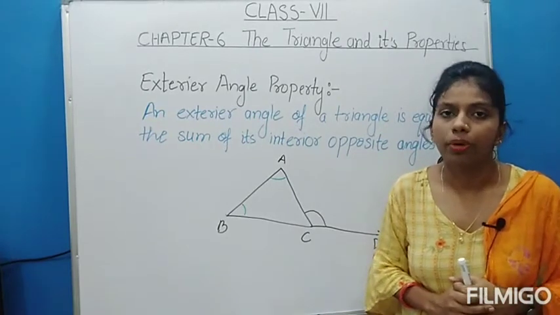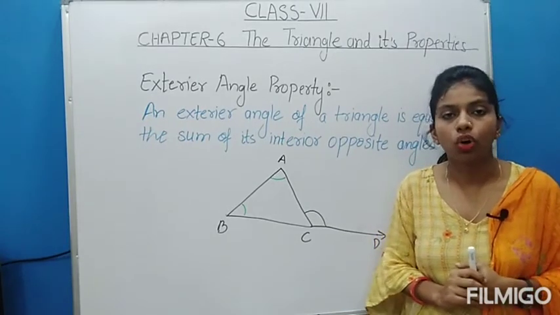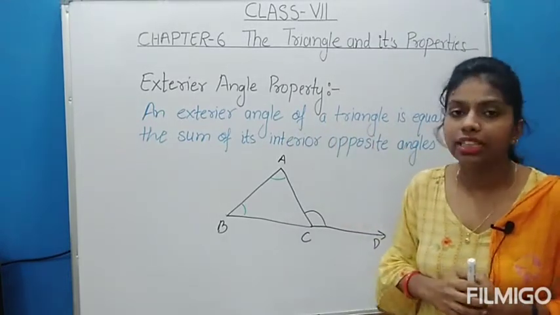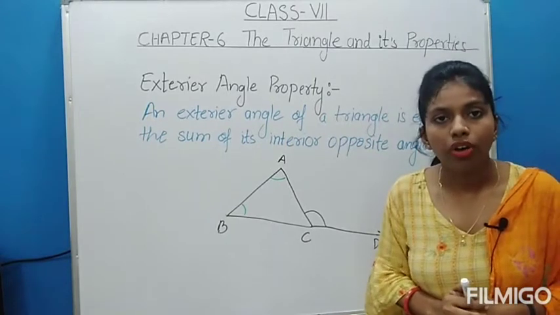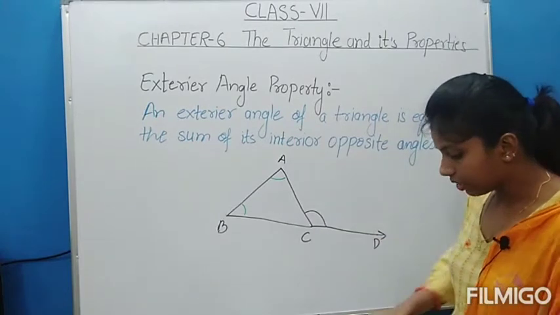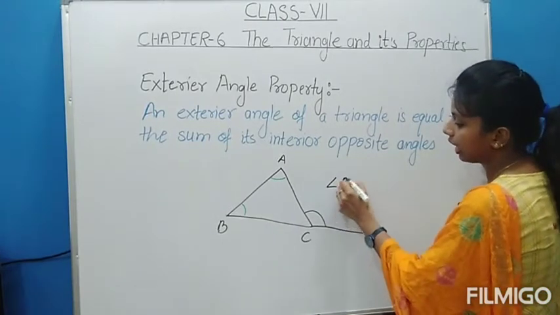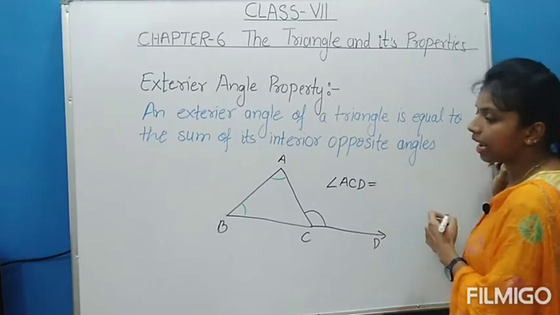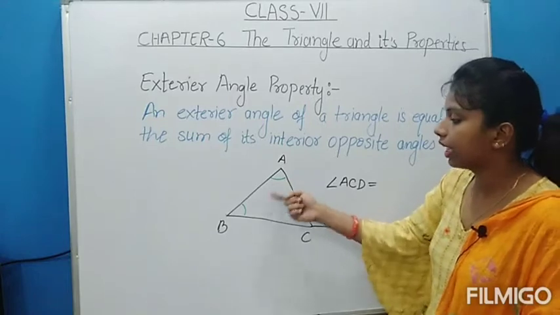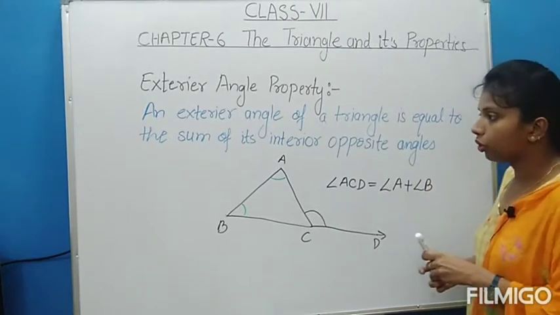Now come to what the property is. The property name is exterior angle property. According to this property, an exterior angle of a triangle is always equal to the sum of the opposite interior angles. So we can write this property as: exterior angle ACD is equal to the sum of opposite interior angles, angle A plus angle B. I am going to repeat again.